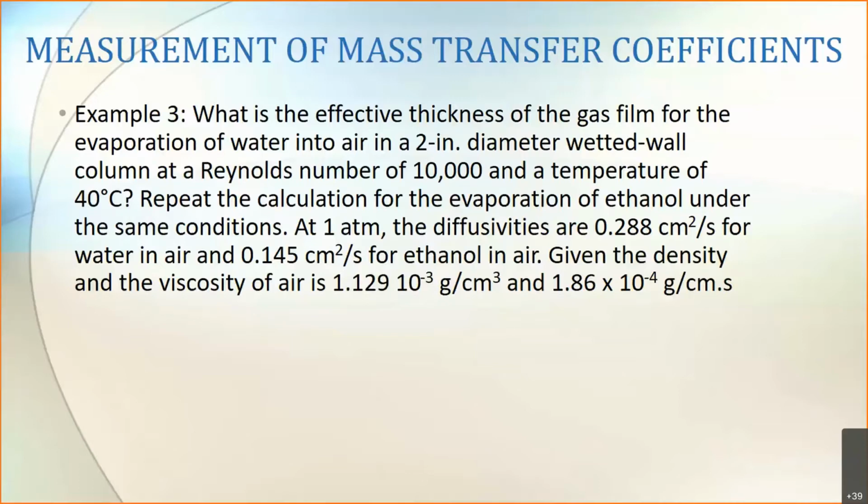Okay, so the question is asking us to find the value of ZT, the effective thickness. It has given us the value of Reynolds number, and we know that Reynolds number is greater than 2100, so this is definitely a turbulent case.